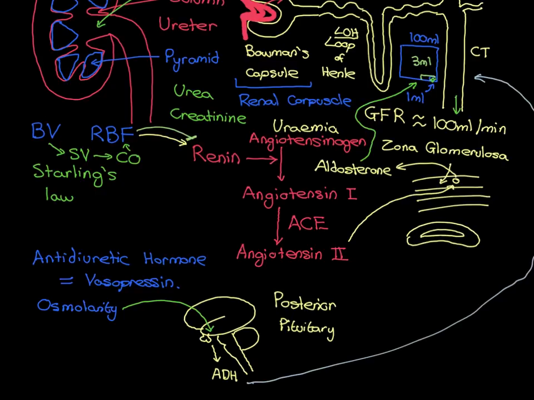Now let's imagine that blood osmolarity goes up. So the electrolytes all become too concentrated. What is then going to happen? In that case, antidiuretic hormone release is going to go up. So the hypothalamus is going to tell the posterior pituitary to release more antidiuretic hormone, and the level of antidiuretic hormone in the bloodstream is going to go up beyond the normal set point, the normal basal level of antidiuretic hormone.